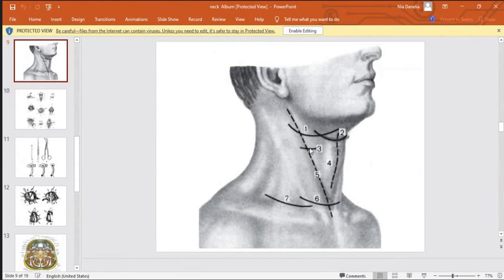A transverse incision is also performed for accessing the common carotid artery. And during surgery, the tissues we have discussed, which cover each triangle, are dissected to open the triangle and access the structures located in it.